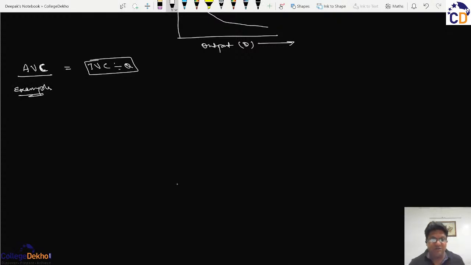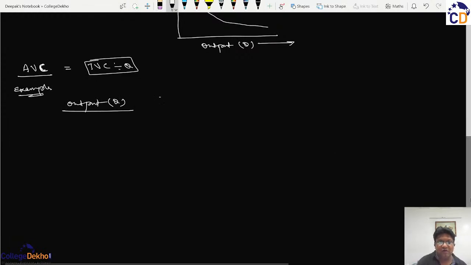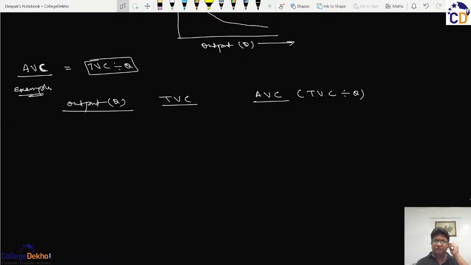And because it is dependent upon the total figure of variable cost and the quantity, we will have similar charts. We will have the figure of output, the figure of total variable cost, and the figure of average variable cost, which will be total variable cost divided by the quantity.